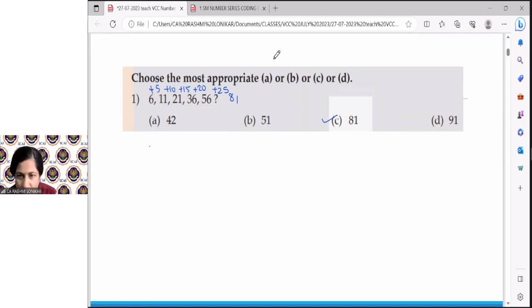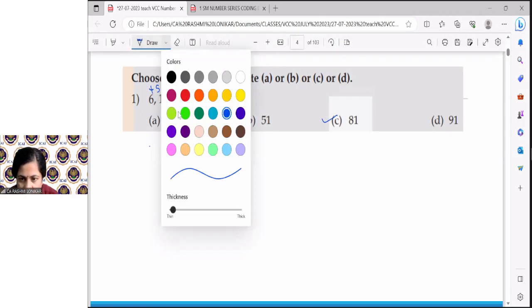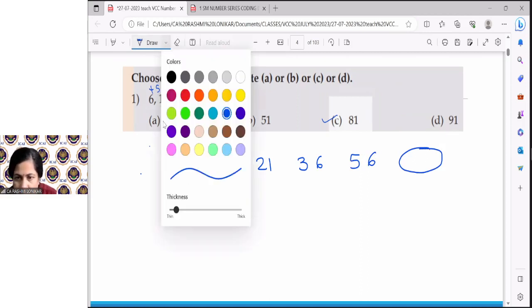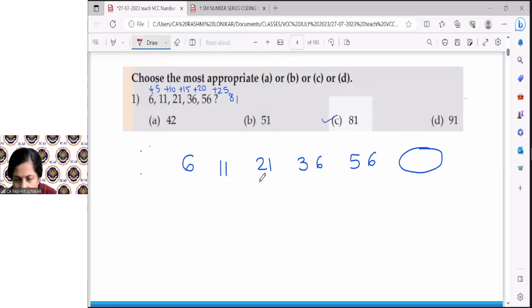But I'm going to do it for you over here, so that whenever you're practicing, you will be able to do this. I have numbers 6, 11, 21, 36, 56, and then the question mark. Now I will show you how the differences come.